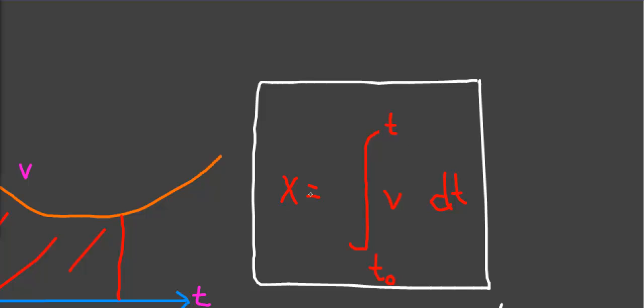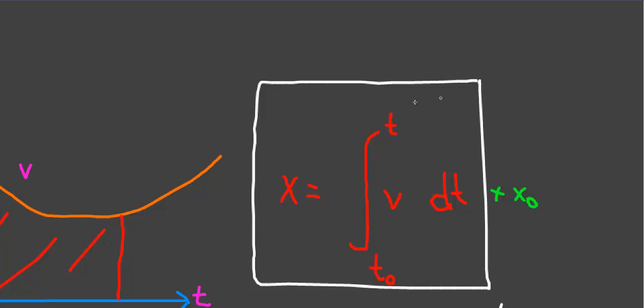But wait a moment, at t0, we shouldn't be at 0. We should be at our initial condition. So one last thing we have to add here is the plus x0. So this is the final formula for our initial conditions and inconsistent velocity. We integrate with respect to time over the velocity function and add the x0 at the end.